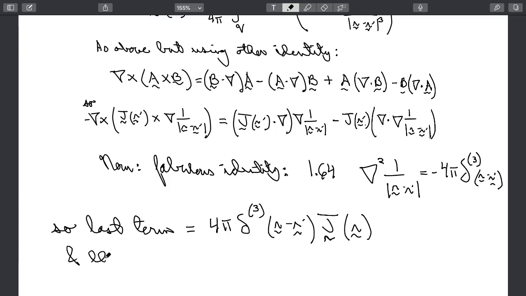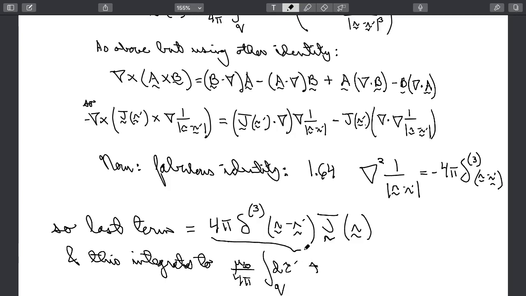And this one. So you see, when I take the integral now, mu 0 over 4 pi, integral over my volume d tau prime of this thing here, yeah, then what is this?